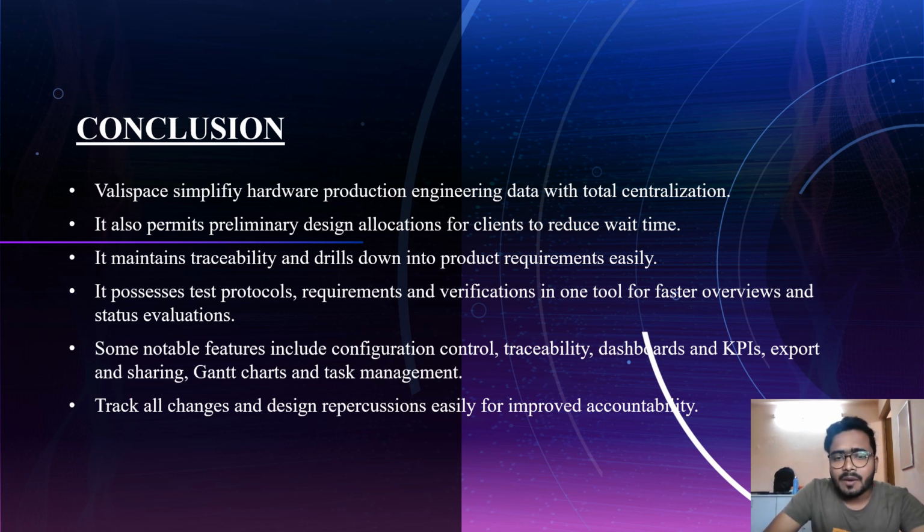Test protocol, requirement and verification in one tool for faster overview and status evaluations. Some features include configuration control, traceability, dashboard, and KPI export and sharing, Gantt chart, and task management. Track all changes and designs easily for improved accountability. So that's all about the conclusion.